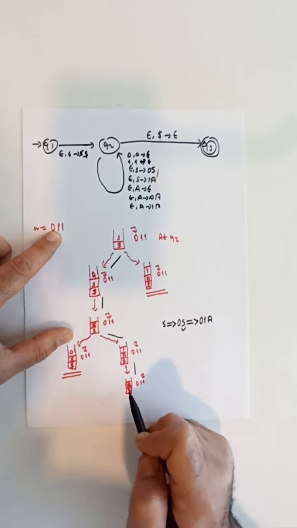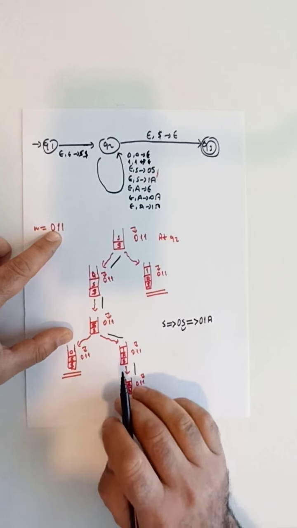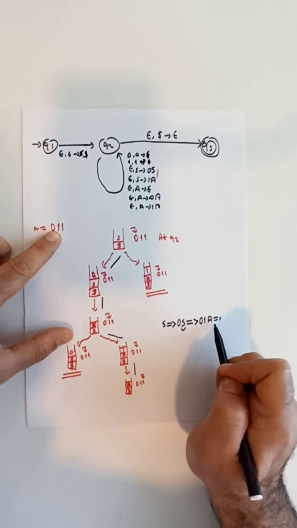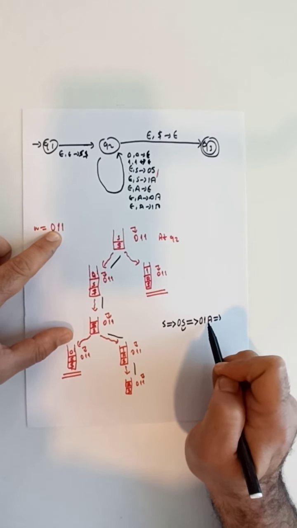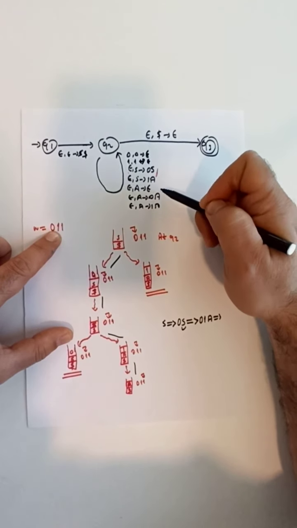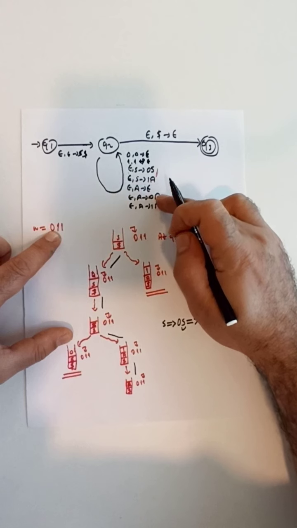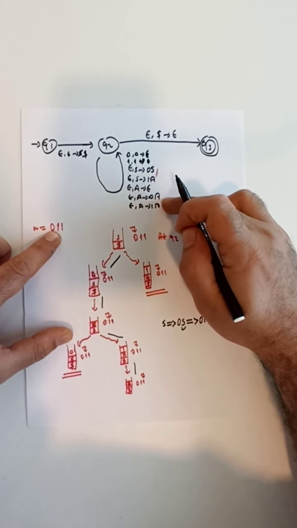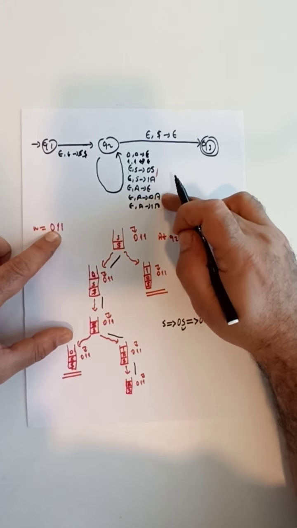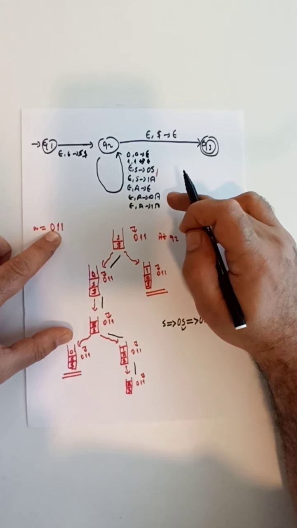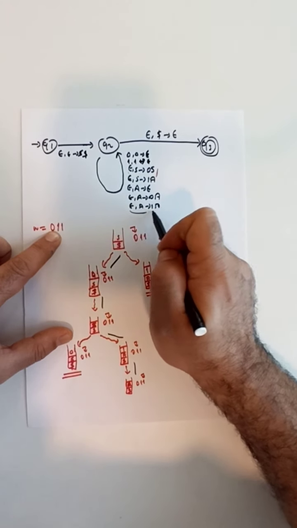So if we were to continue with our computation path in here, we would be able to expand next A with several branches. We would be expanding A with any of its right hand side rules, but the successful rule will be this one.